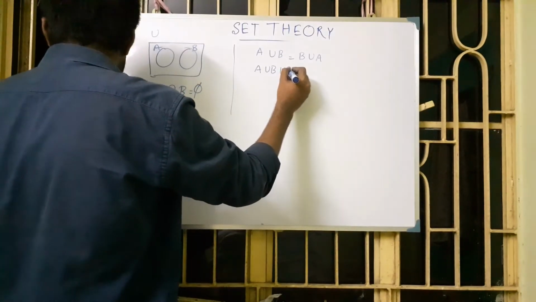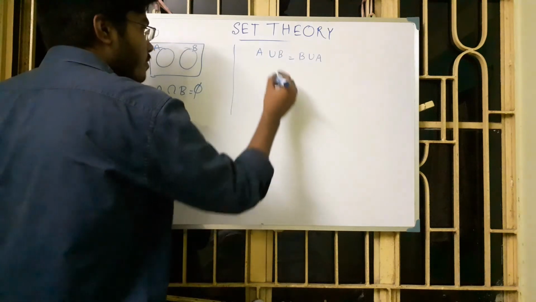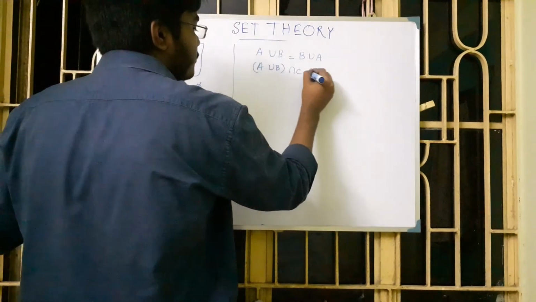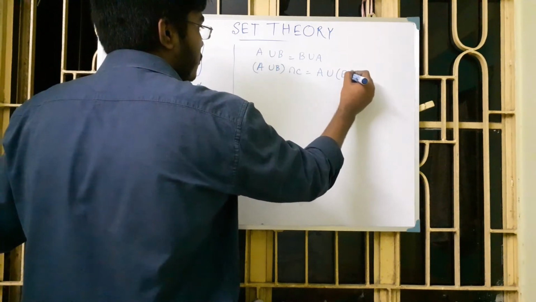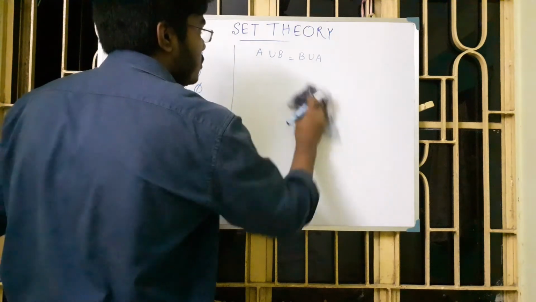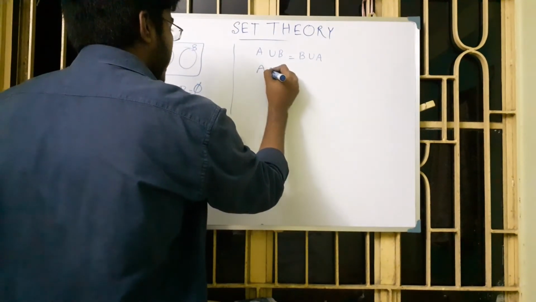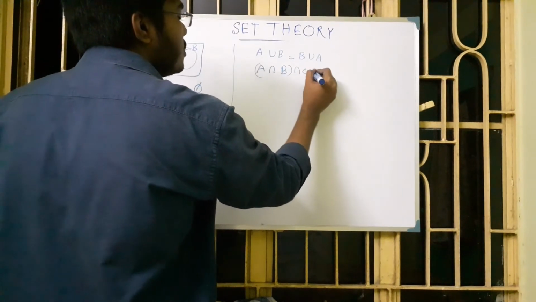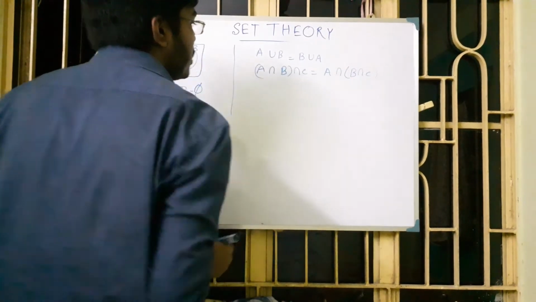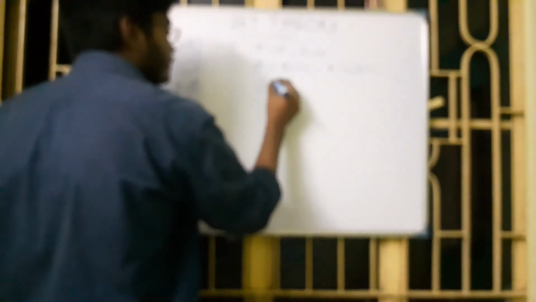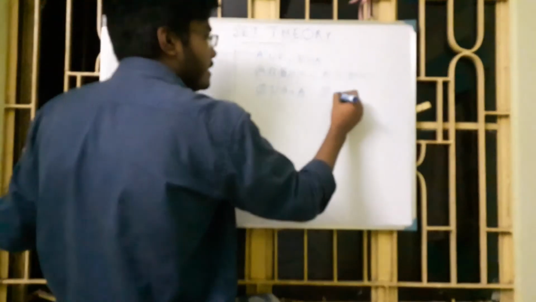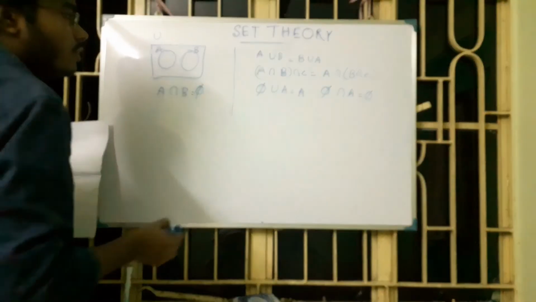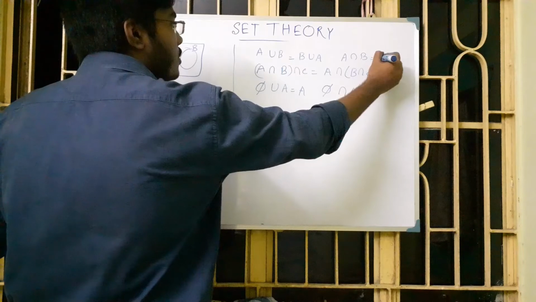A intersection B is also equal to B intersection A, and A intersection B intersection C equal to A intersection B intersection C. And phi union A equal to A, and phi intersection A equal to phi.